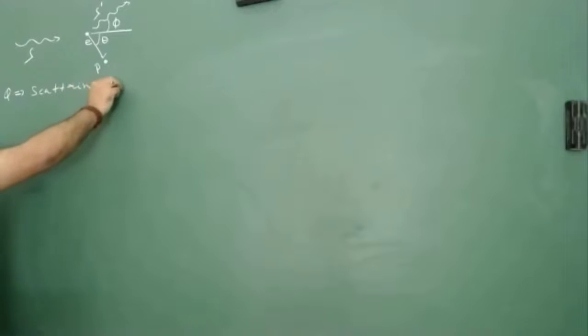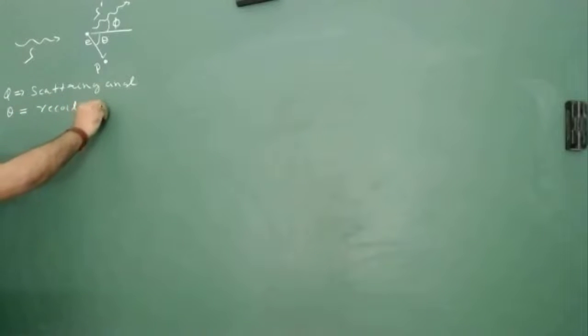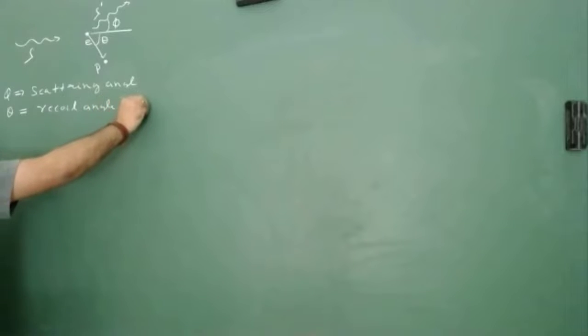Again, phi is the scattering angle and theta is the recoil angle for the electron.